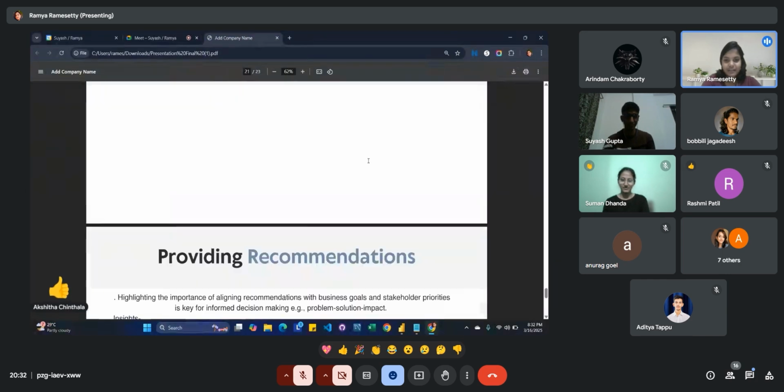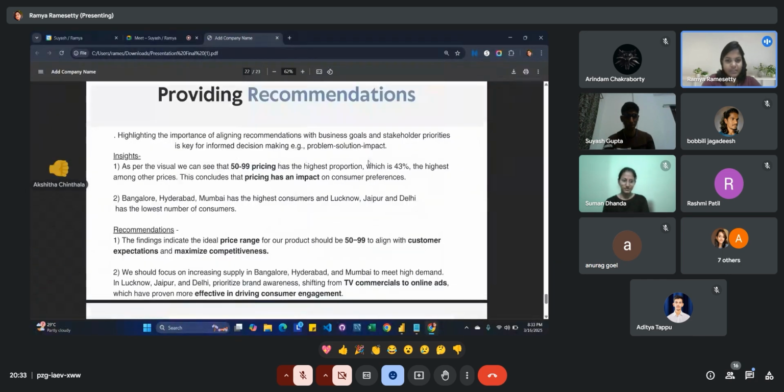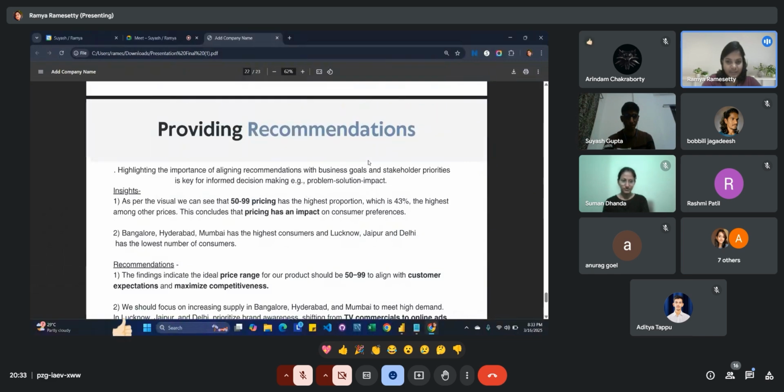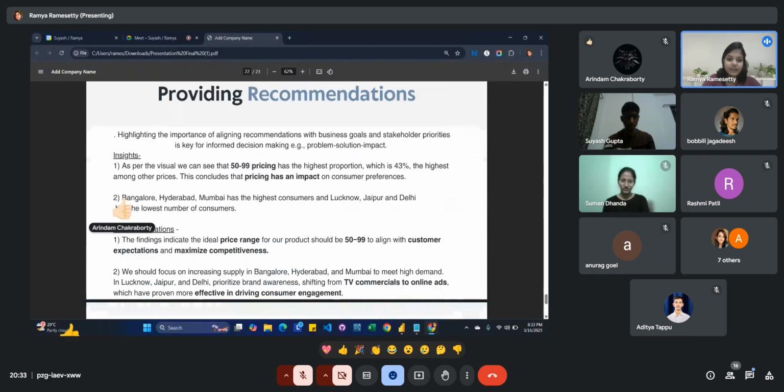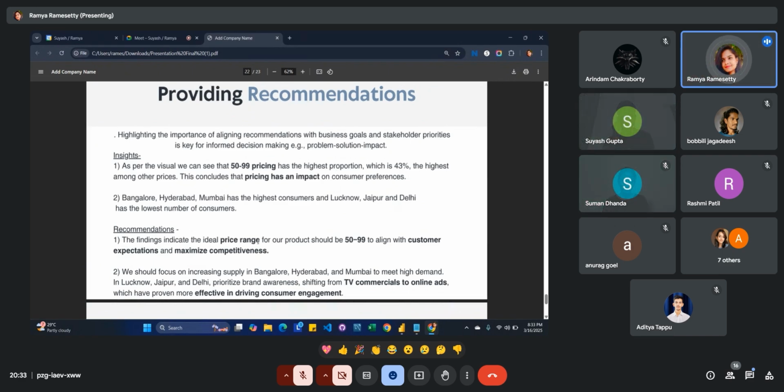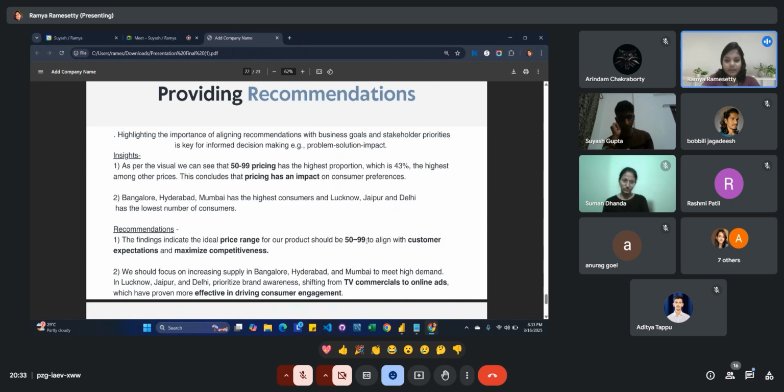And here we have given brief recommendations from the insights we have got. As we have seen, the 50 to 99 pricing has the highest proportion, right? So we can recommend our price range should be between 50 to 99, so that we can align with the customer expectations, and it will definitely create good competitiveness in the market.